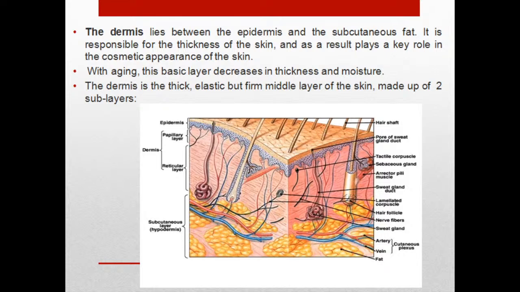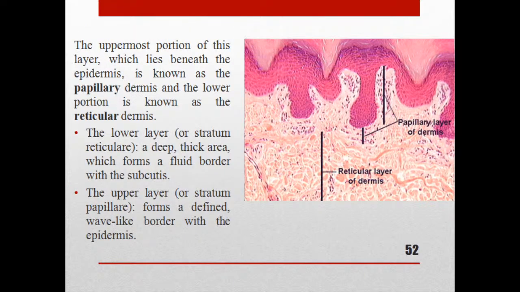The dermis is the thick, elastic but firm middle layer of the skin, made up of two sub-layers. The uppermost portion of this layer, which lies beneath the epidermis, is known as the papillary dermis, and the lower portion is known as the reticular dermis.